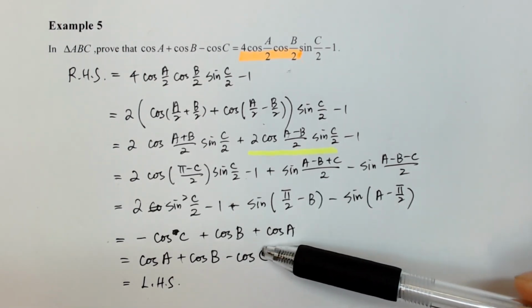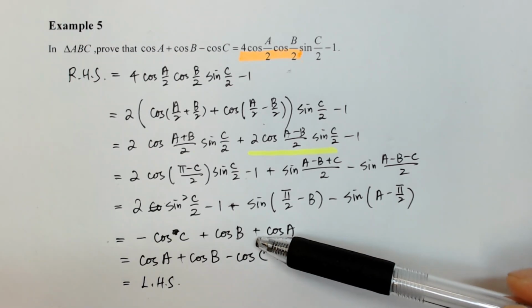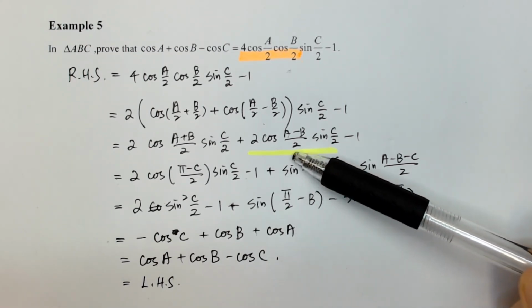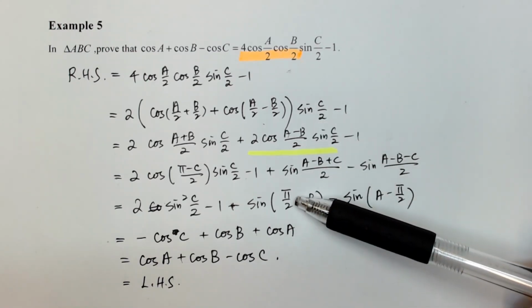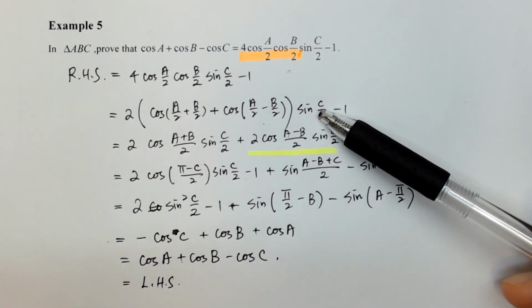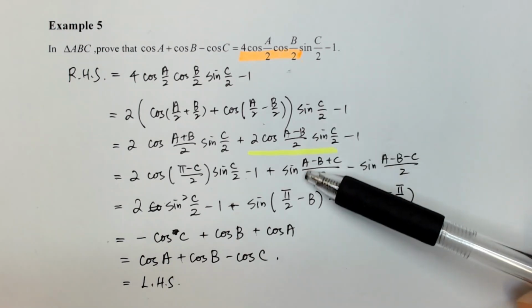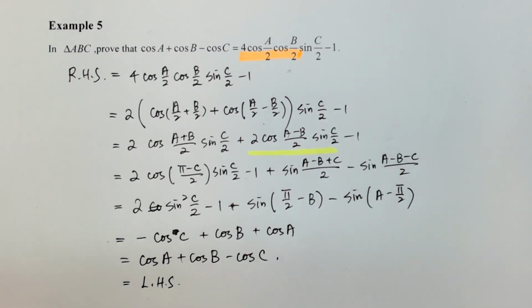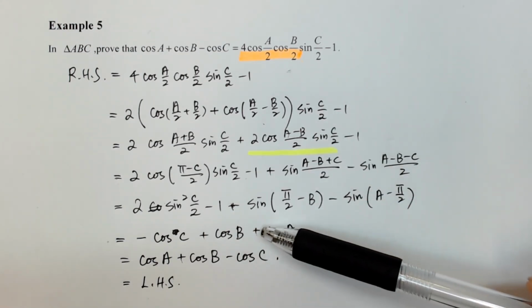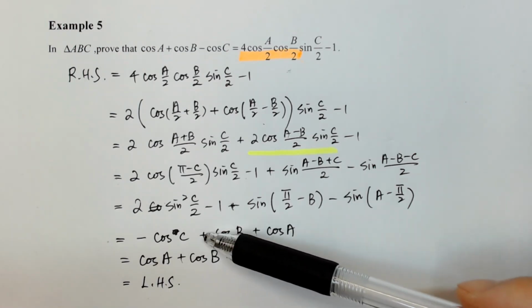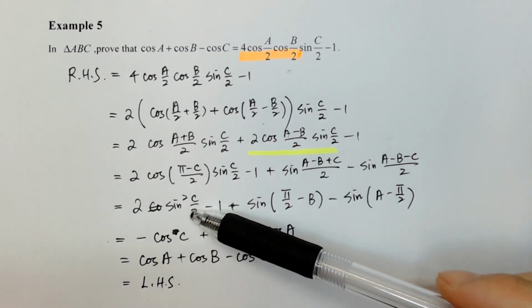When you use the sum to product formula, you will get two cosines multiplied together, and you cannot find any product of two cosines in between.